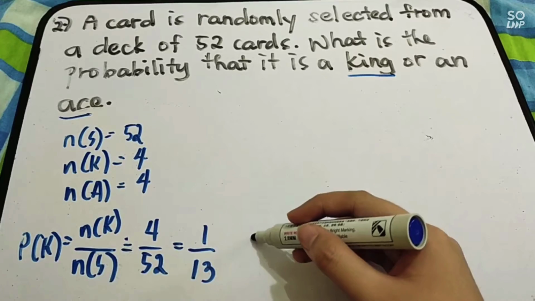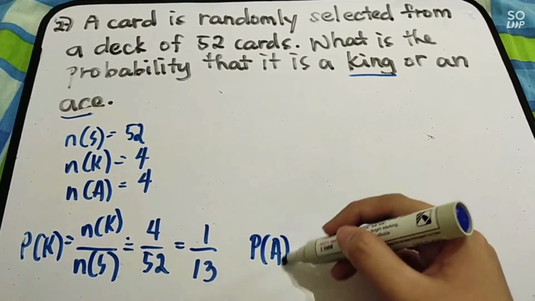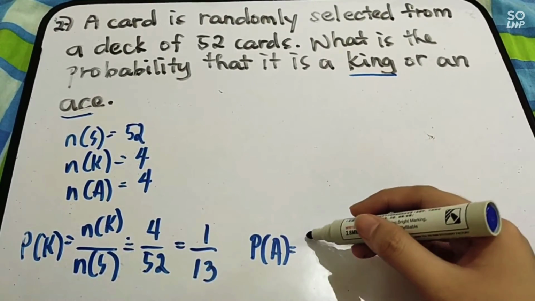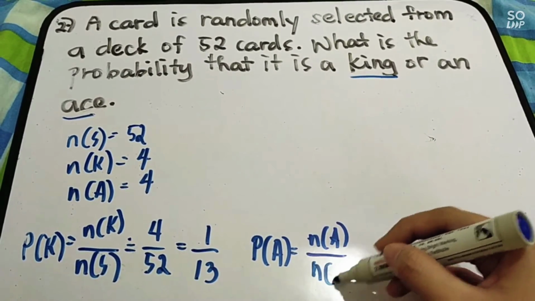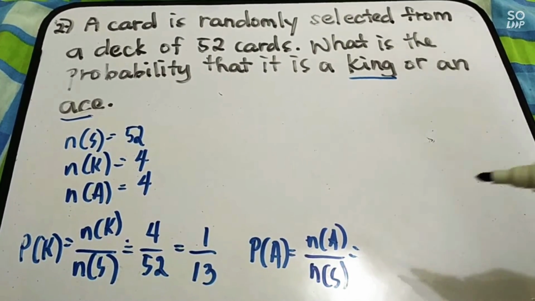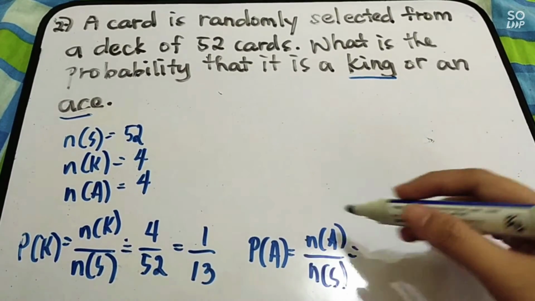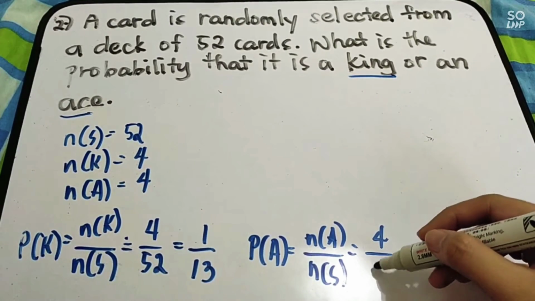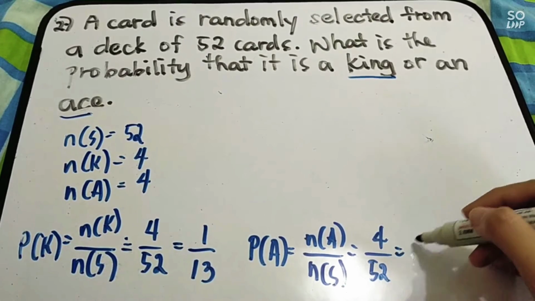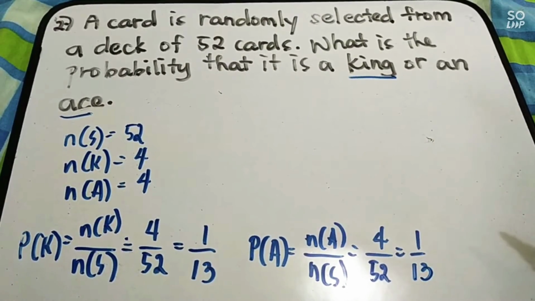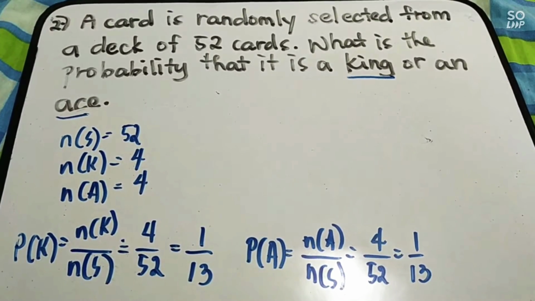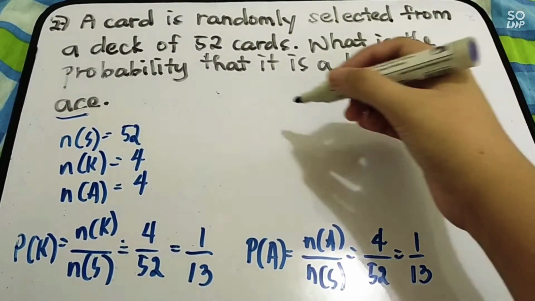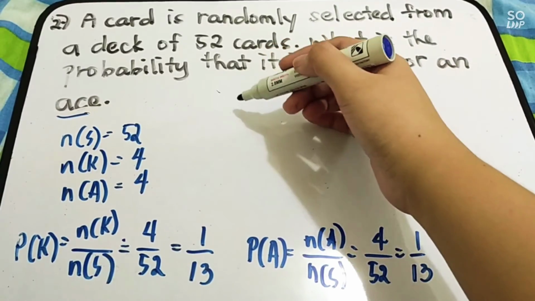Sa probability naman ni A, so it is equal to n of A, event A, over sa sample space. Yan. So, we have here 4 over 52, same lang, that is 1 over 13. So, yan na yung probability ni king at saka ni ace.